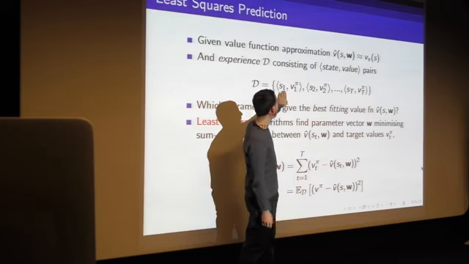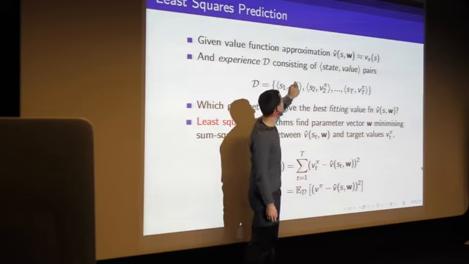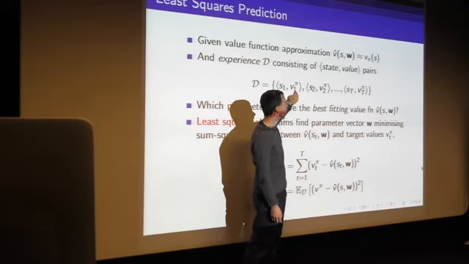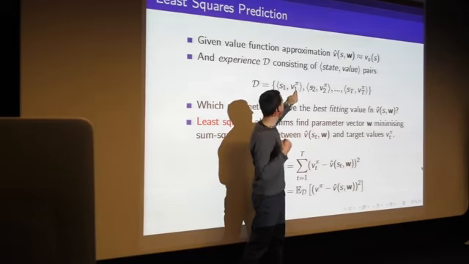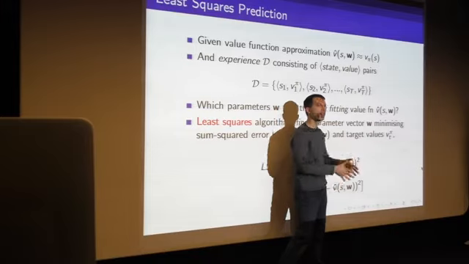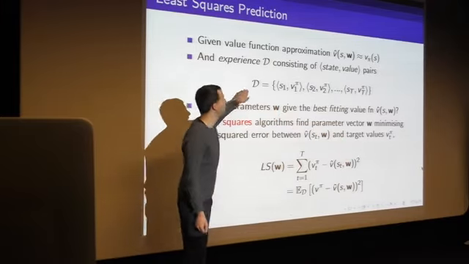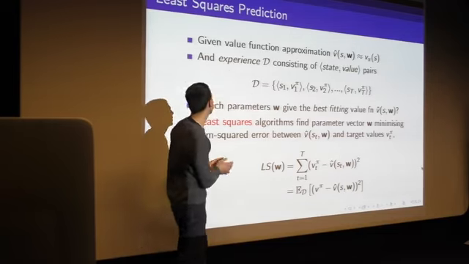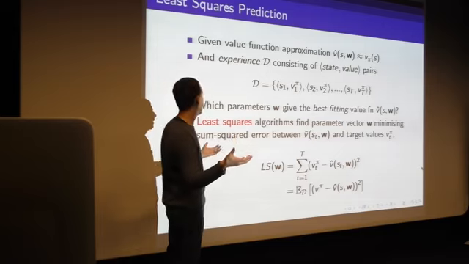In state S1, the oracle tells us the value should have been this thing, whatever our target is. We're going to call it V1 pi, the oracle consulted for state S1. We consult the oracle for state S2, and it gives us another value. That gives us our training set for all of the data that we've experienced, and we remember that whole data set. Now the question is, what's the best fitting value function for this whole data set?